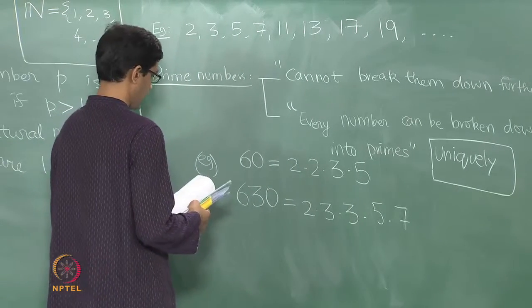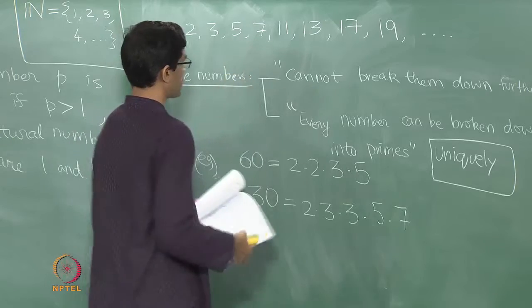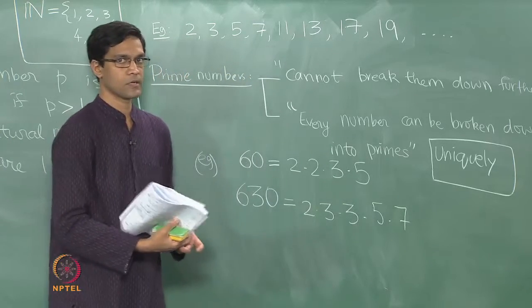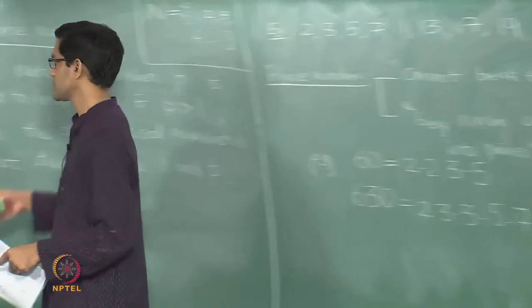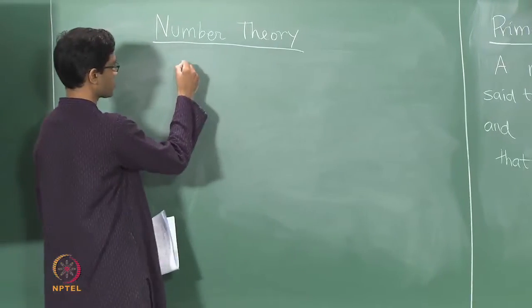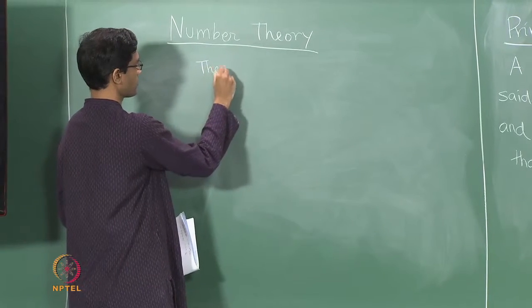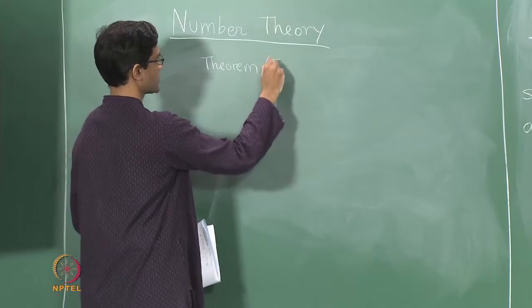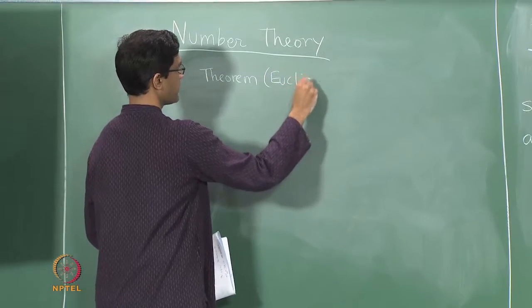So let's come back to this property that I just mentioned, that it is an infinite list. The statement that the list of prime numbers is infinite is very famous, and goes all the way back to Euclid. A theorem due to Euclid says that there are infinitely many primes.